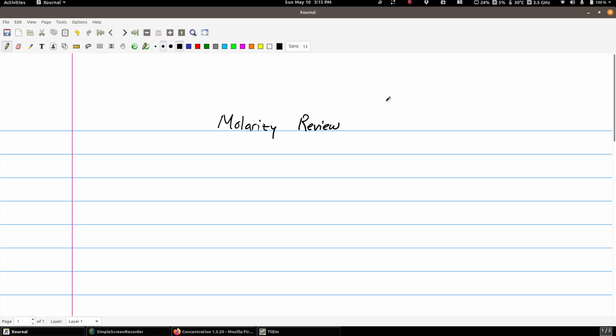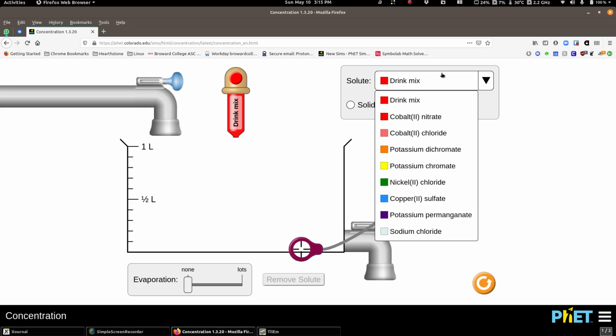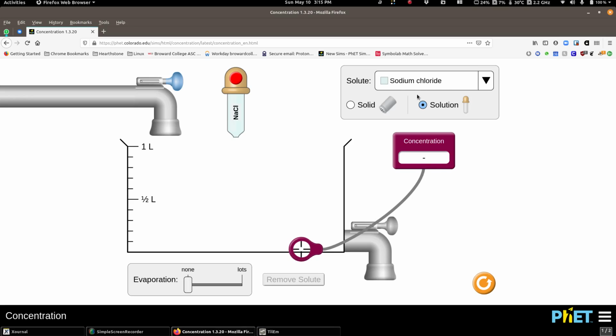So, first thing we're going to go for is a dilution. This time we're going to use a visual aid. We'll just use salt. So say we have some salt, and it gets up to about a quarter of a liter or something.